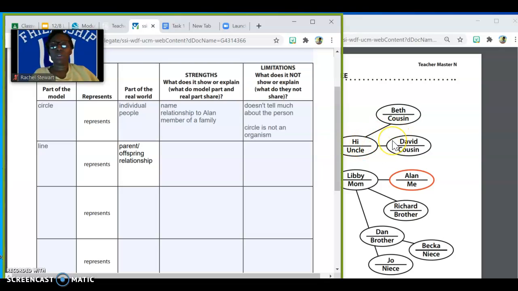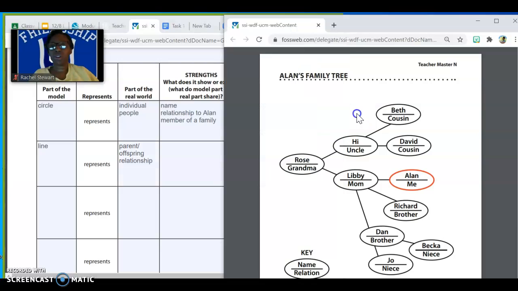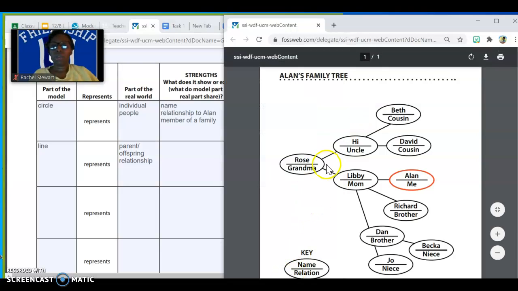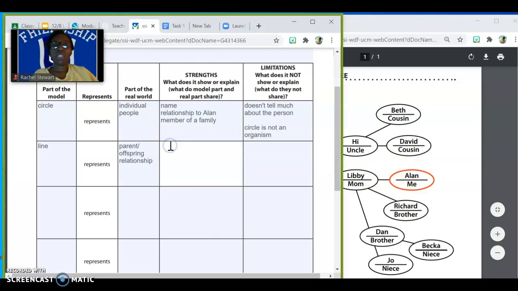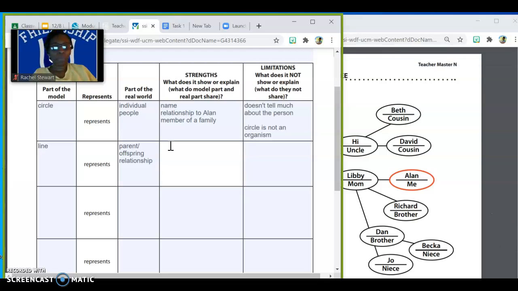We're not talking about those lines. Those lines go along with our key. We're talking about these lines, okay? From Rose to Hyde to Beth. From Hyde to David. From Libby to Alan, from Rose to Libby to Alan. Okay, so it talks about the relationship.